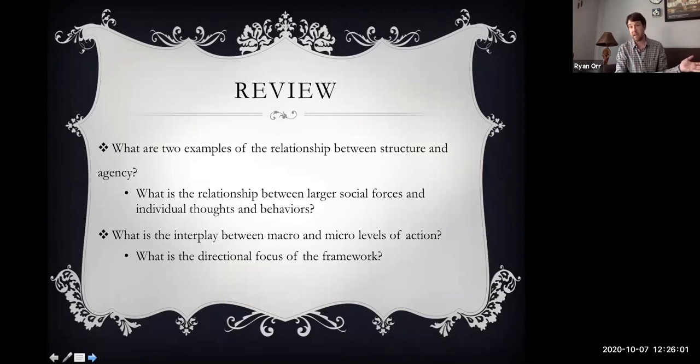So discuss those connections between our thoughts and our actions, and what's going on at that macro level, the culture, the capitalism, the groups. And so an easy way to lend your earlier conversation of structure and agency to this conversation of macro and micro levels is to refer to what you talked about before.